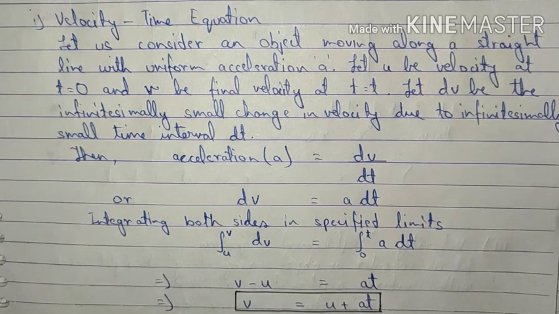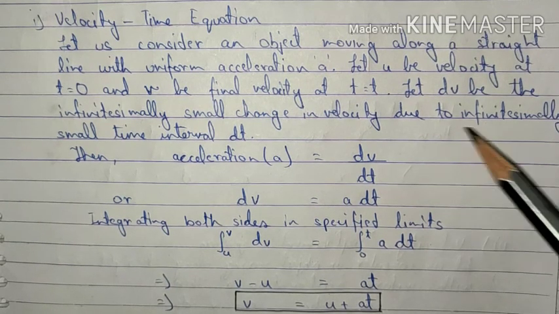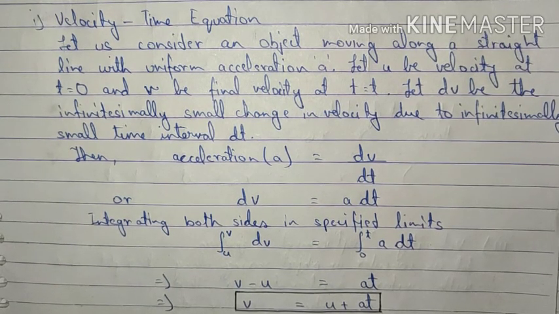Let u be the velocity at time t is equal to 0 and v be the final velocity at time t is equal to t. Let dv be the infinitesimally small change in velocity due to infinitesimally small time interval dt. That is, dv is the velocity corresponding to time interval dt.